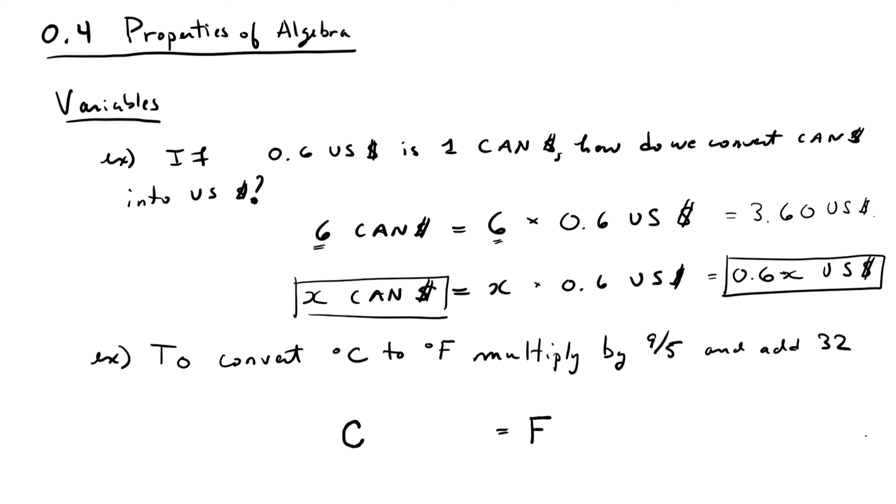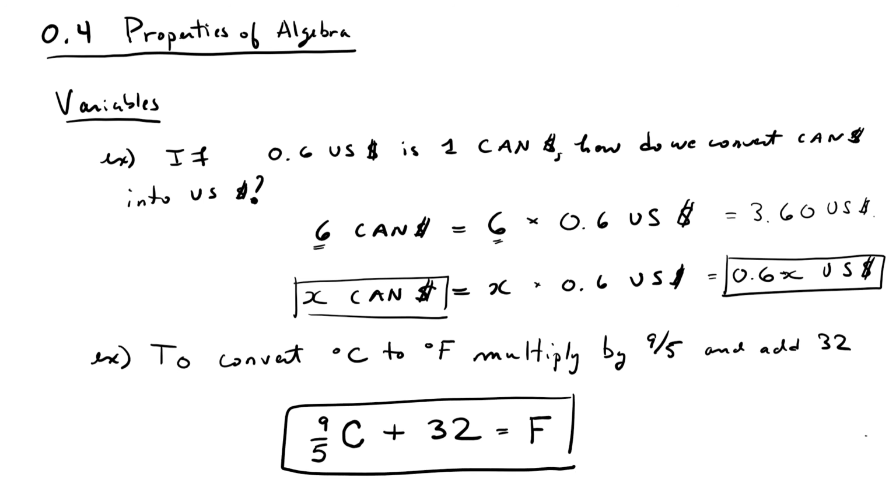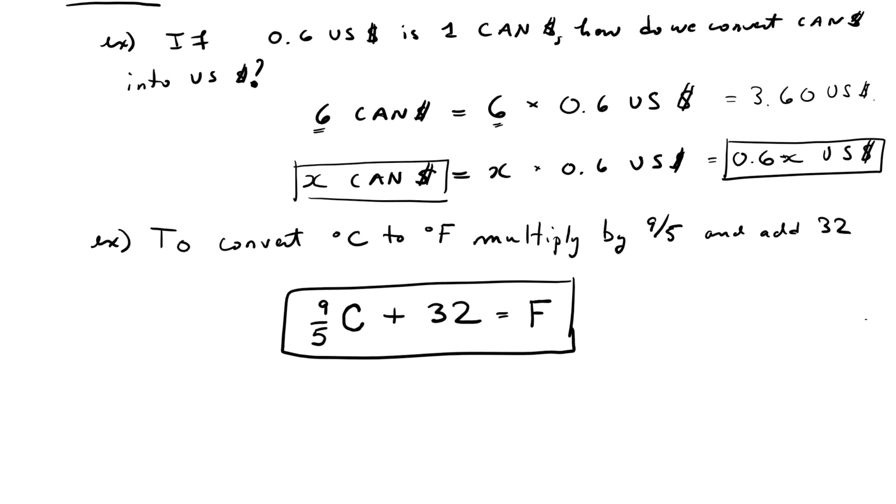Well, what the recipe says is you multiply your temperature in Celsius by 9/5 and you add 32. So now I have a relationship between two variables, C and F, which both represent temperatures in different units. But it's practical now. I could just replace C by my favorite number, and it shows immediately how I get the temperature in Fahrenheit. So if I had this tattooed on my arm, I would never need to remember the rule. This specifies what the rule is.